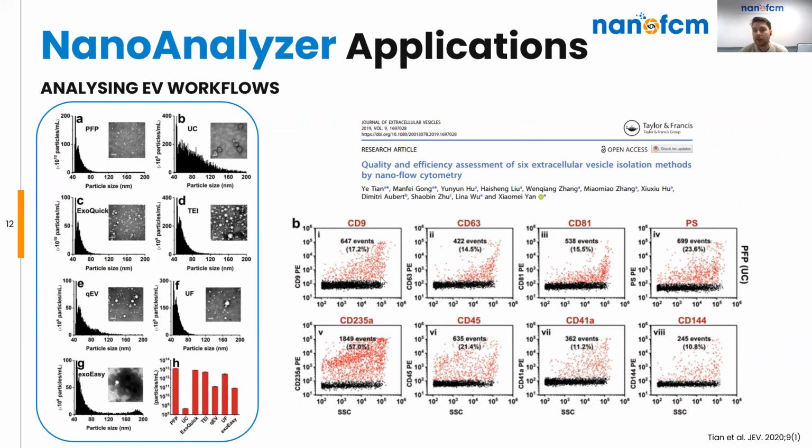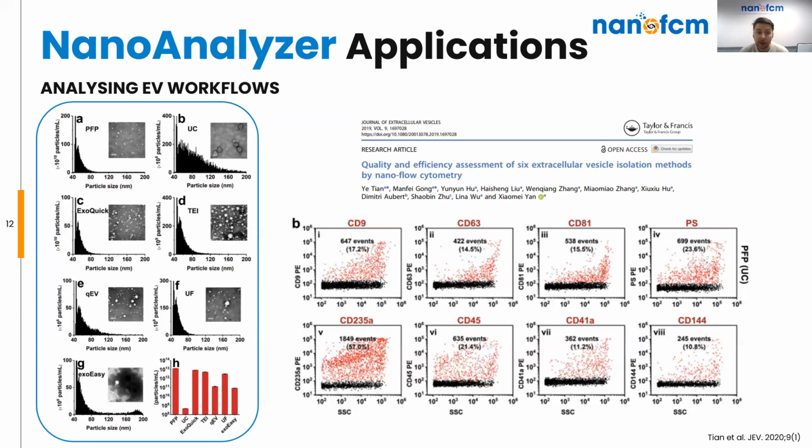And that's shown here in these dot plots with cytoscatter intensity on the x-axis versus PE intensity on the y-axis. We can see that there's some very common EV markers here. The CD9, CD63, and CD81 show to be positive on between 15 and 20% of the particles in these isolations.